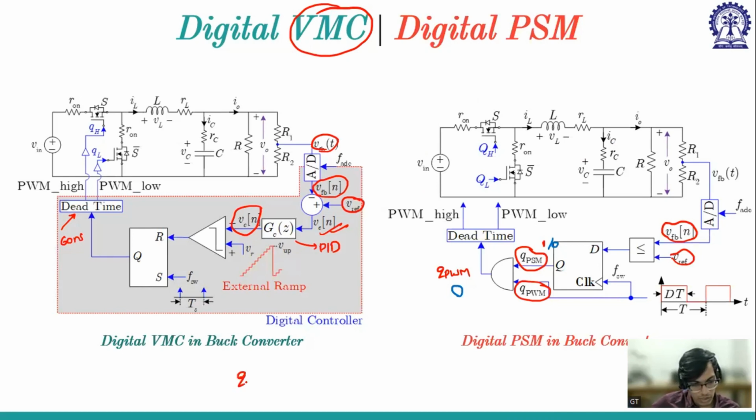PSM logic is nothing but QPSM equals 1 if V naught is less than V feedback, and 0 if V naught is greater than V feedback. Sorry, not feedback, it should be reference.